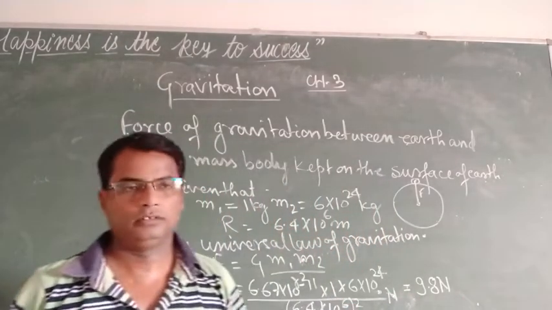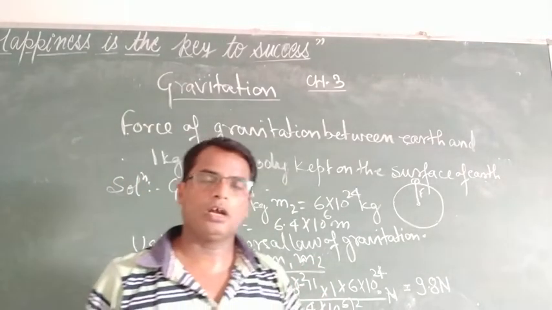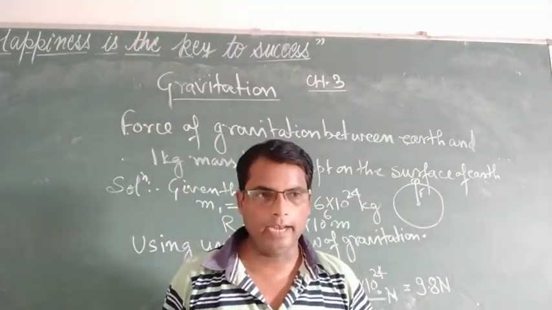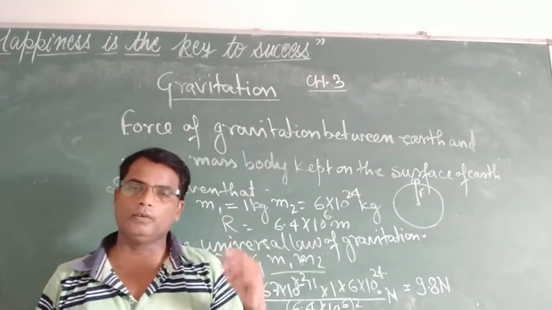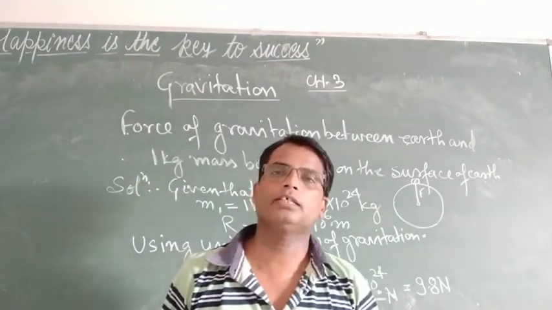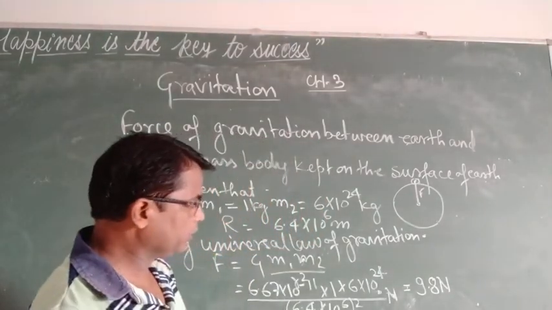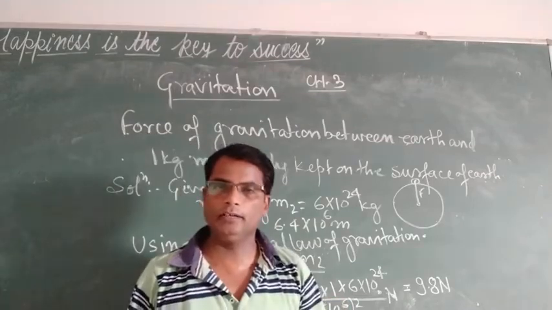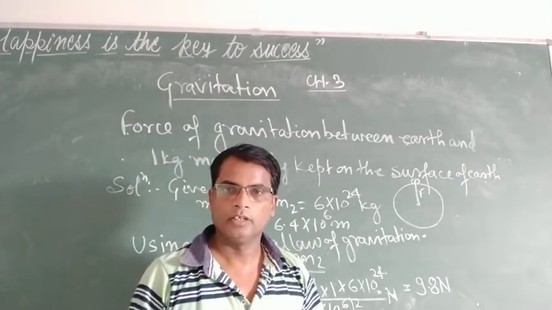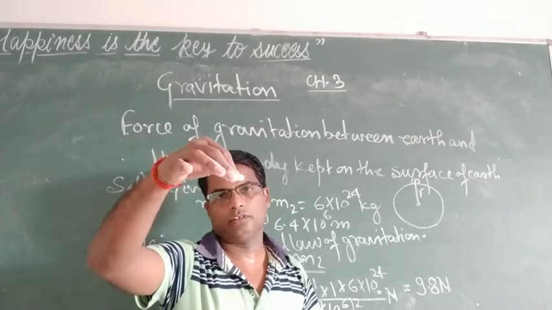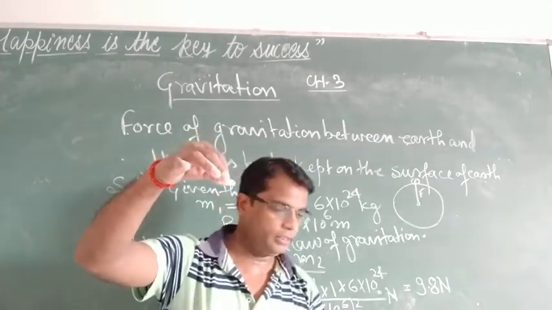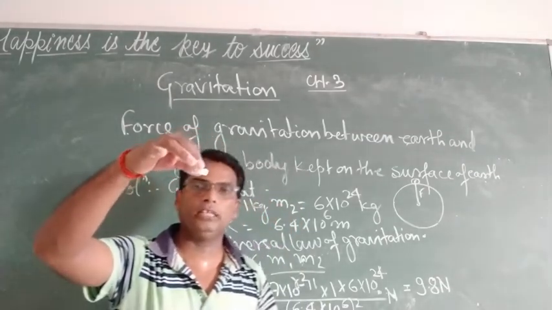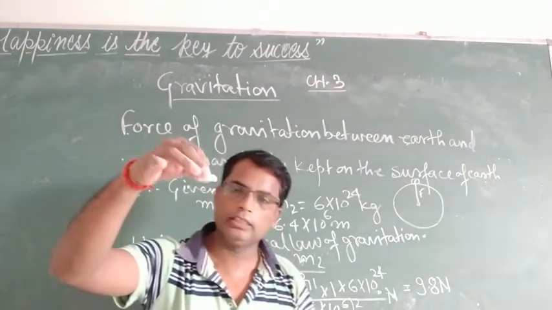9.8 Newton means the force of attraction acting between a body of mass 1 kilogram on the surface of the Earth is 9.8 meter per second square. You see this chalk I have here and the Earth, the gravitational force acting between them is 9.8.